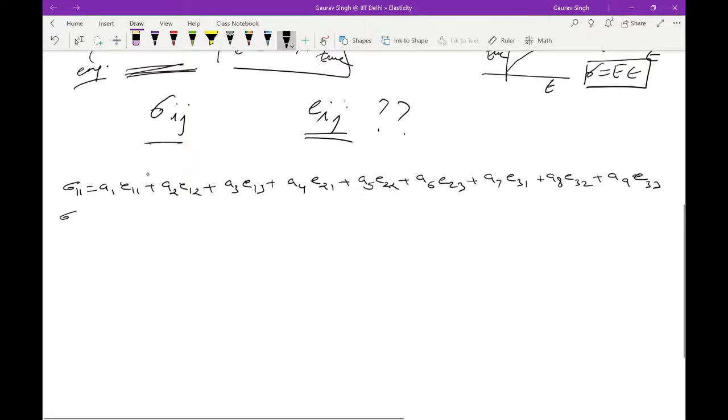Then you have sigma 1, 2. This stress component is also linearly related to all other components of strain.